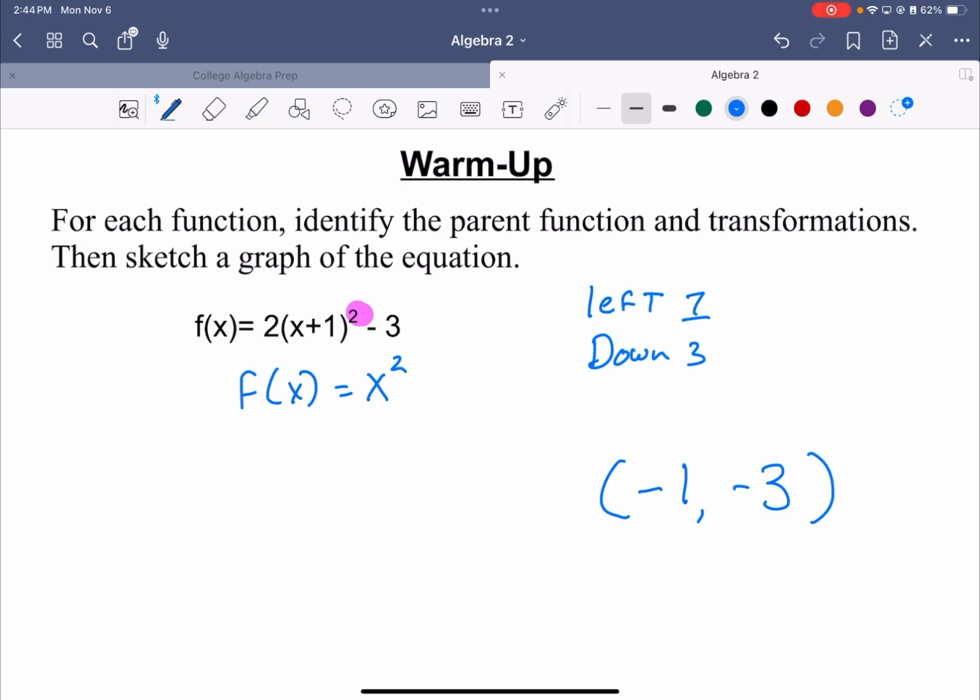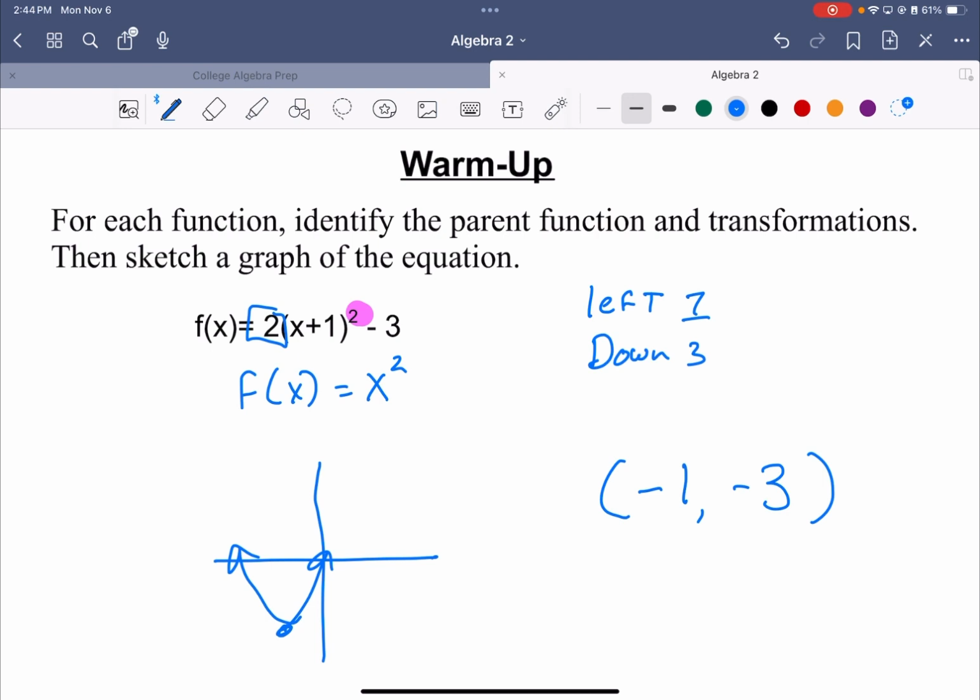So if we're going to sketch the graph of this, we've got this point at negative 1, negative 3. Now, does this graph go up or does it go down? Is the a value positive or negative? It's positive, right? So if it's positive, this is going to go upwards. So it's going to look something like this. That was sketching these graphs, and that's what we did in the last chapter.